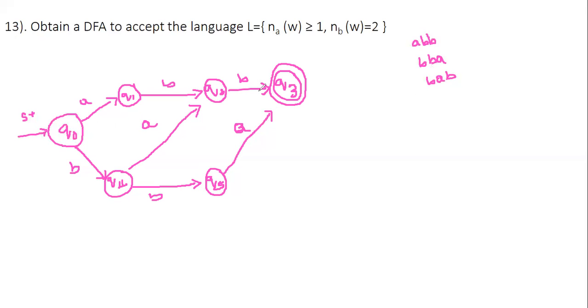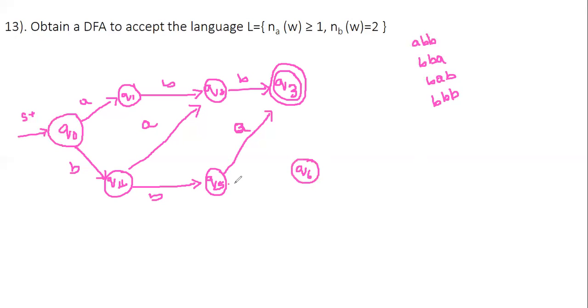ABB accepted. Now we need to design a condition: if it is more than 2 B's, then it should be rejected. So here if it is having triple B, we'll see how we can send it to a trap state. So here we need to use a trap state called Q6.